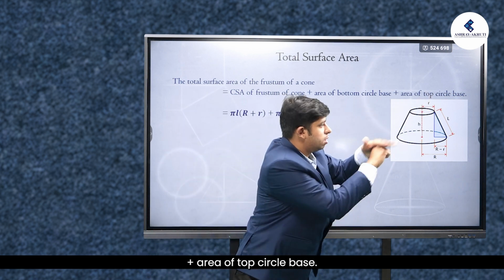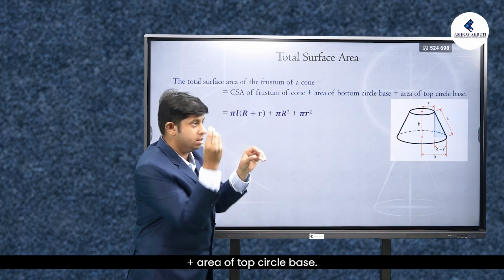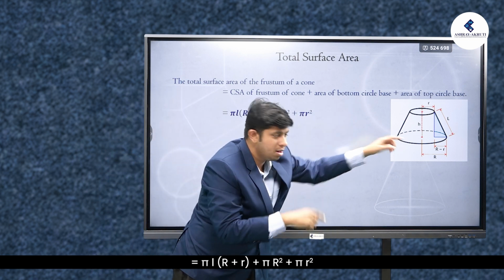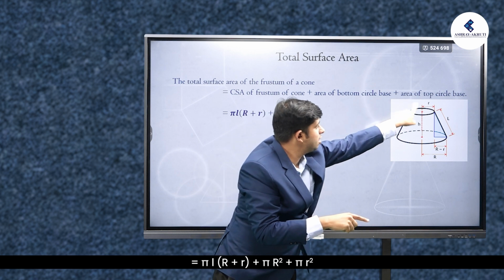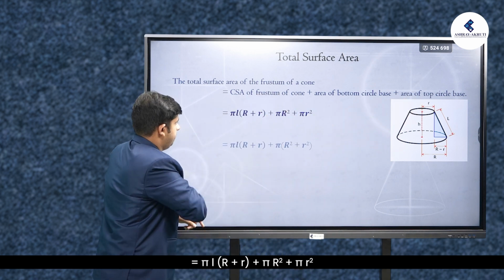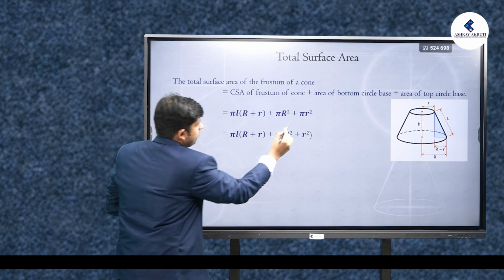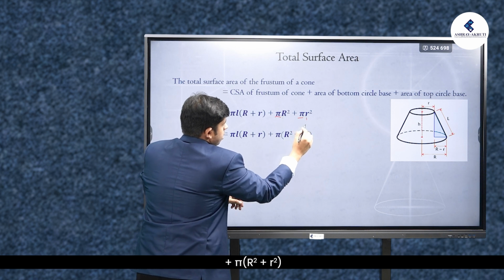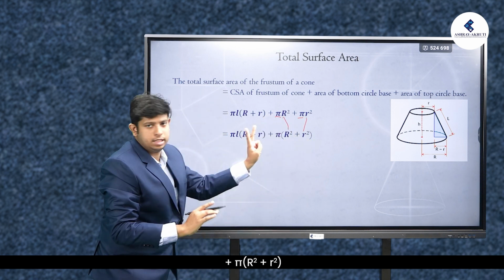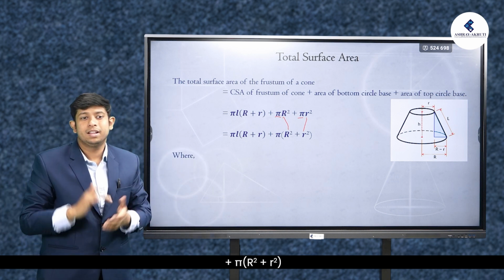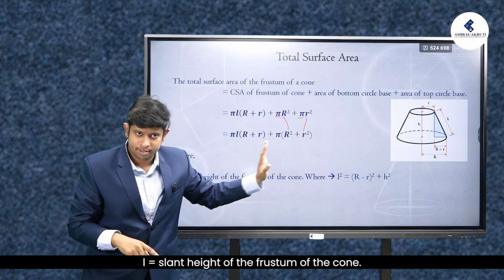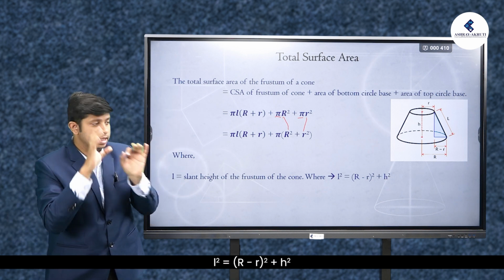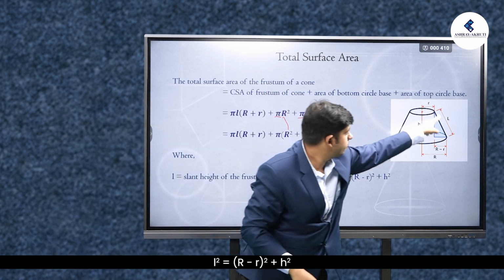That is pi L into r plus pi r square plus pi r square. That equal to pi L into r plus, by taking common we get pi into r square plus r square, where L is equal to slant height of the frustum of a cone, where L square is equal to capital R minus small r whole square plus h square.